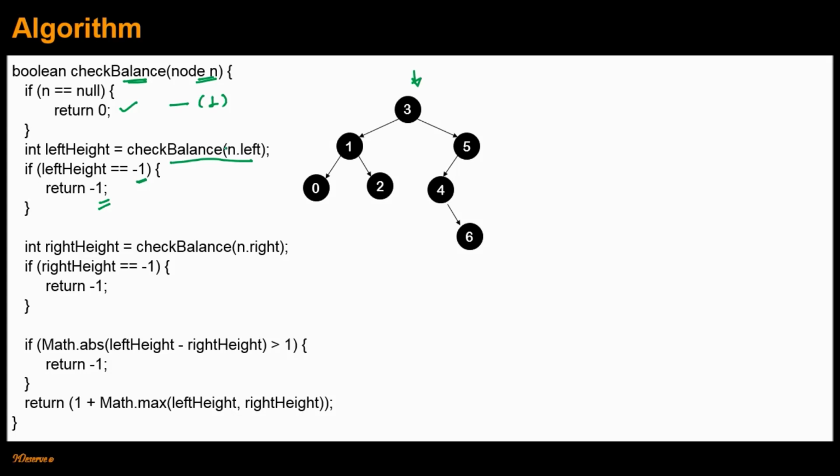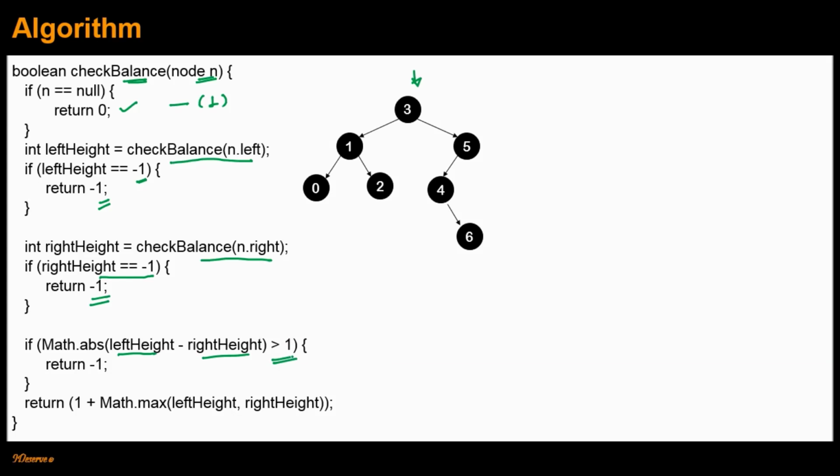If the left subtree for node n is height balanced, then we check if the right subtree for node n is height balanced. If the right subtree is not height balanced, then it will return -1 and overall will return -1 to indicate that the tree rooted at node n is not height balanced. Now, if the left subtree and right subtree both are height balanced, then we check the difference between height of left subtree and height of right subtree.